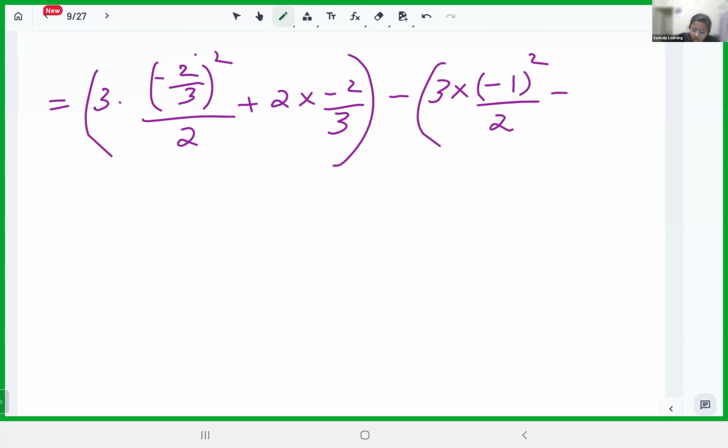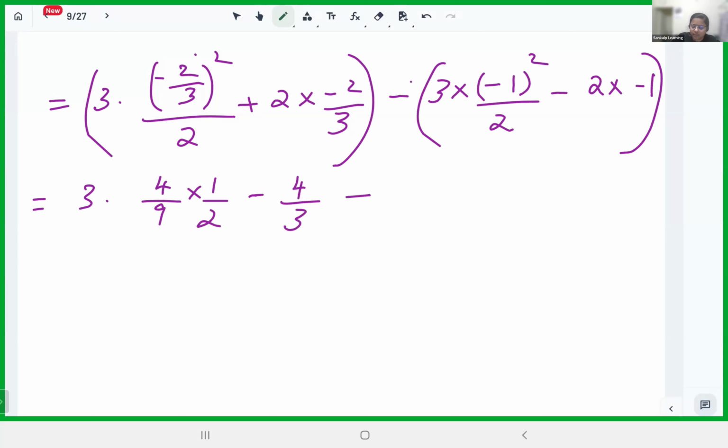Minus, then 2 into x, where x is minus 1. So this is actually 3 into minus 2 by 3 the whole square, which is 4 by 9, divided by 2 will become 1 by 2. Then minus 4 by 3, minus, we are removing the bracket, so the sign will change.